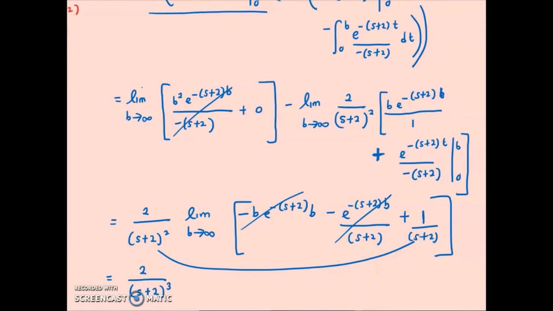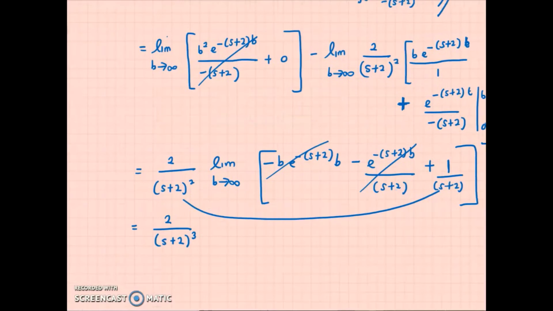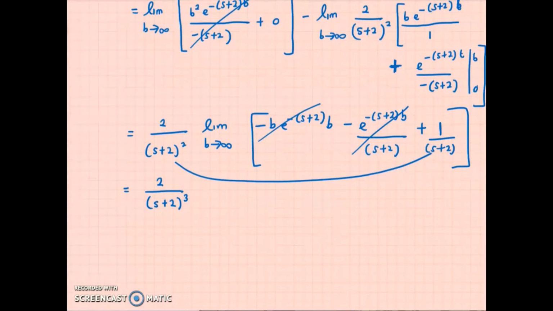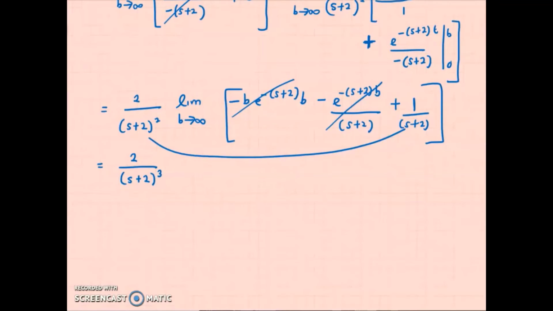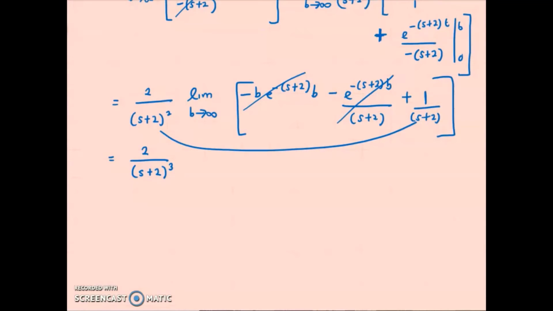Okay, this is one long solution. So the Laplace transform of t squared e^(-2t) is given by 2 over (s+2) cubed.